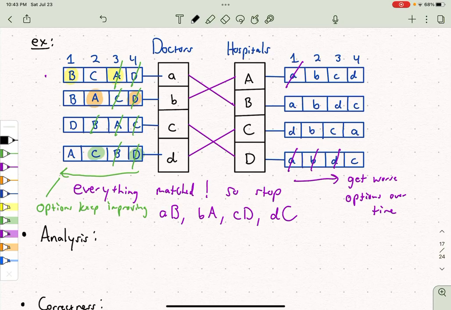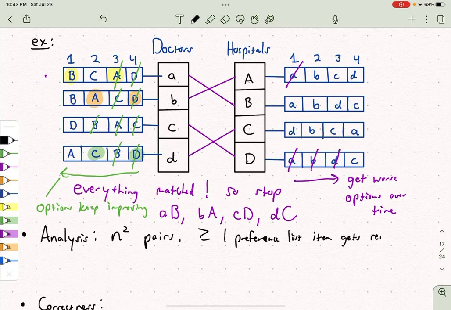So that's the algorithm. So what's the analysis? The idea here is we're going to essentially consider all n squared pairs, because at any point in time, at least one preference list gets reduced. So either a hospital or some doctor's options are reduced.